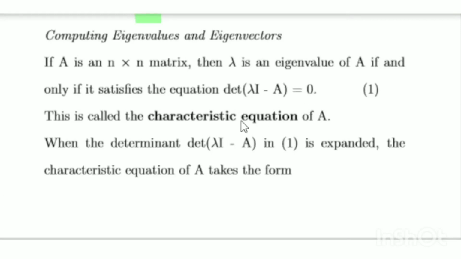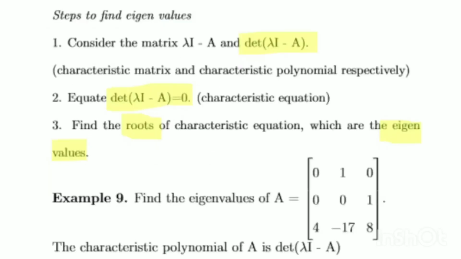Let's check with an example. Steps to find eigenvalues: first, consider the matrix lambda I minus A for a given matrix A. Then find the determinant of lambda I minus A and equate it to 0.